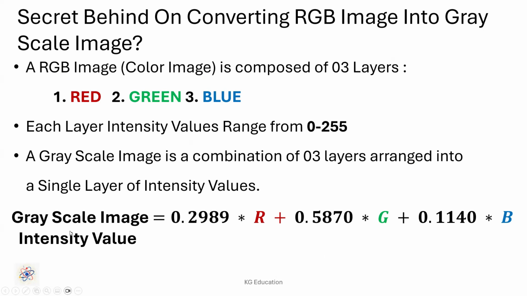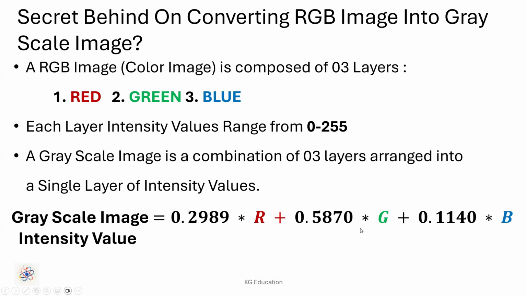Here, the grayscale image intensity value is equal to 0.2989 times the R layer, or red layer contribution, plus 0.5870 times G, in other words the green layer contribution, plus 0.1140 times B, in other words the blue layer contribution.